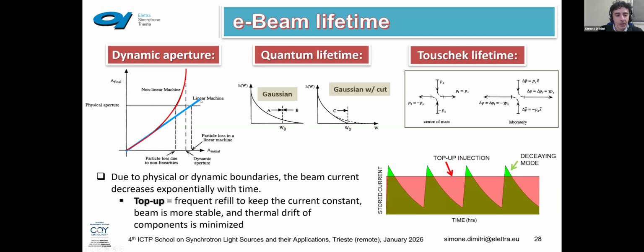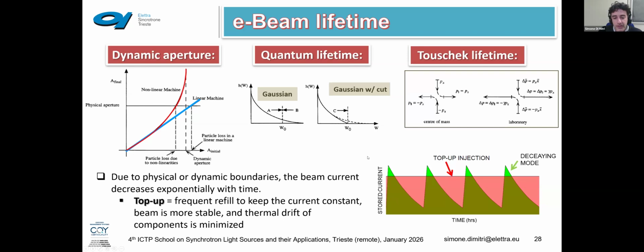Of course, a pure linear machine, as far as the transverse dynamics is concerned, is our ideal condition, but nonlinearities are part of our life every day, and we have to manage them. They contribute to the reduction of the lifetime of the current stored in a synchrotron, and we can characterize this lifetime in several ways.